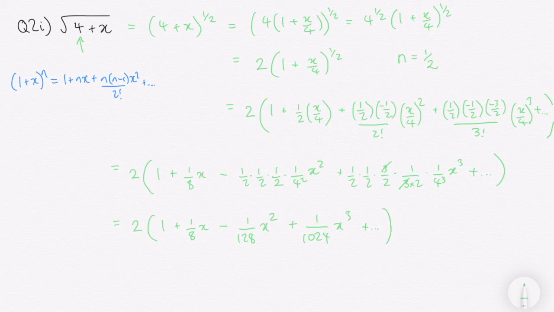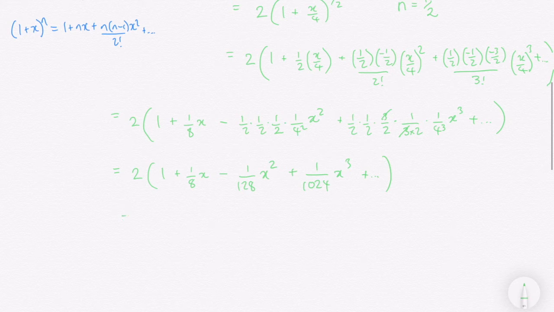And then if we expand out this 2, we get 2 plus a quarter of x minus 1/64 of x squared plus 1 over 512 x cubed.